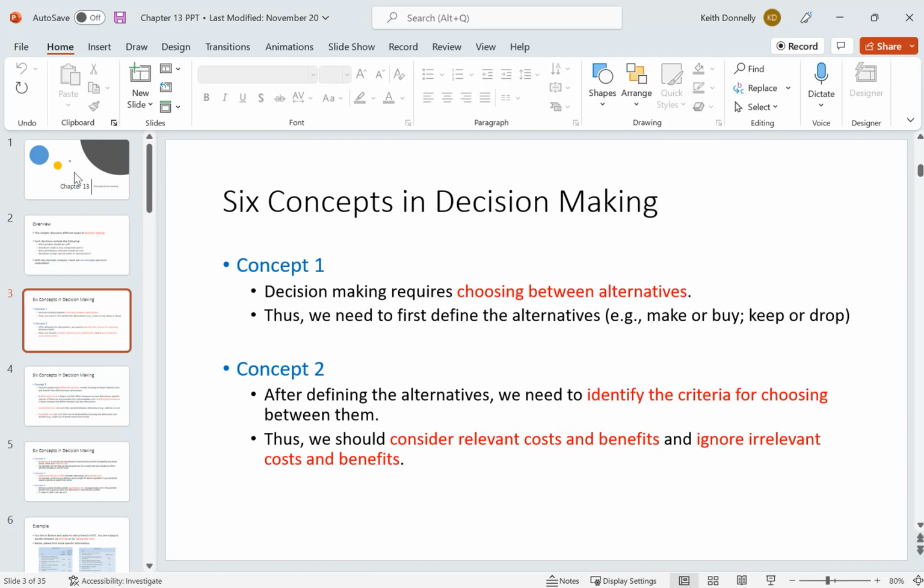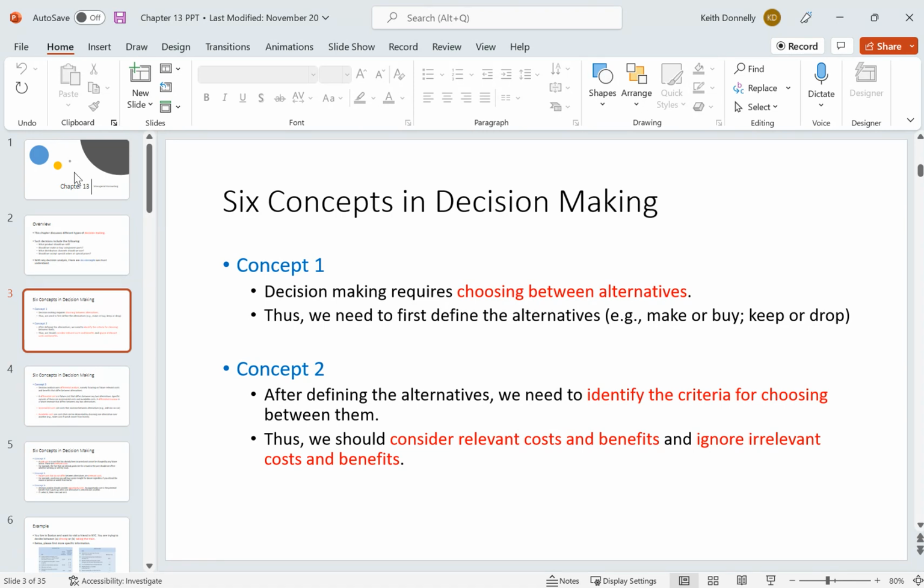We're really just laying out our options, our alternatives, the choices that we could make. Option A, we can make it. Option B, we could buy it. Option A, we could keep it. Option B, we could drop the line or the segment. All right, so that's concept number 1. We're choosing between alternatives. We need to define those alternatives.